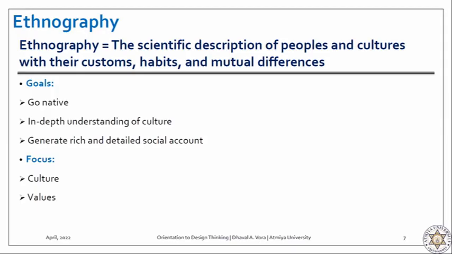What is the focus? Culture and values. Here, I want to take an example of the Nano car. See, what was the empathy behind creating a new design of the Nano car? That a middle class family is not able to purchase a car worth maybe 5 lakhs.